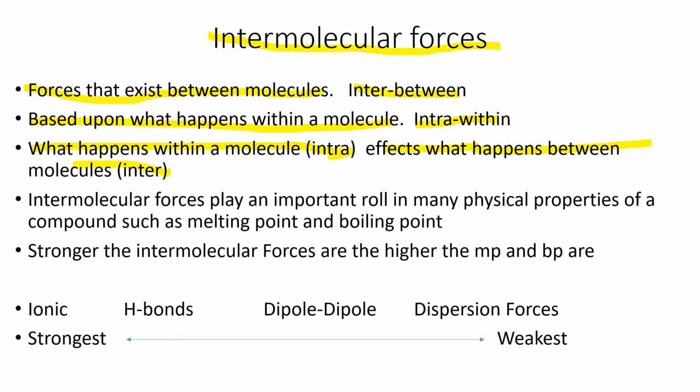between molecules, inter. To give you a non-chemistry example of how this works, it's a little bit similar to how you might talk about your relationships. Your relationships are interpersonal, between you and another person.